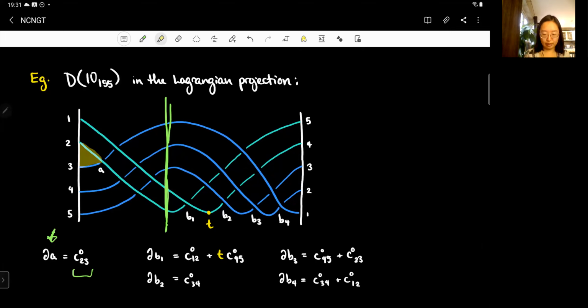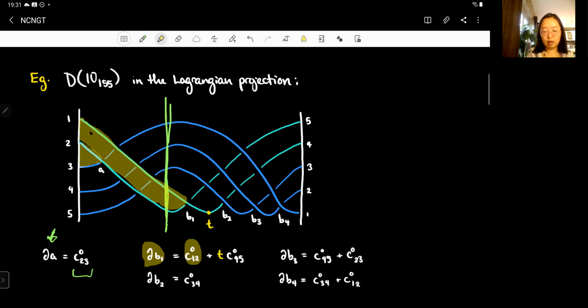Similarly, we can take a look at the differential of B1. So this has a C0 of 1, 2. This comes from the disk that has one corner at B1 and another corner at the one handle from this first strand to the second strand, so from 1 to 2. So this disk is represented by this C0 of 1, 2.